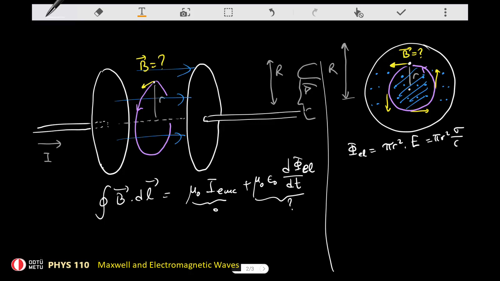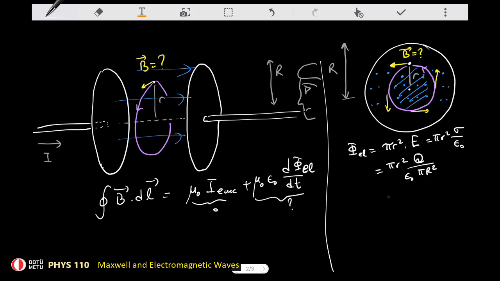That's the part where we actually use the fact that the separation between the plates is very small, and I know that the surface charge density is basically the total surface charge divided by the total area, which is pi R squared, where capital R is just the radius of the disk.